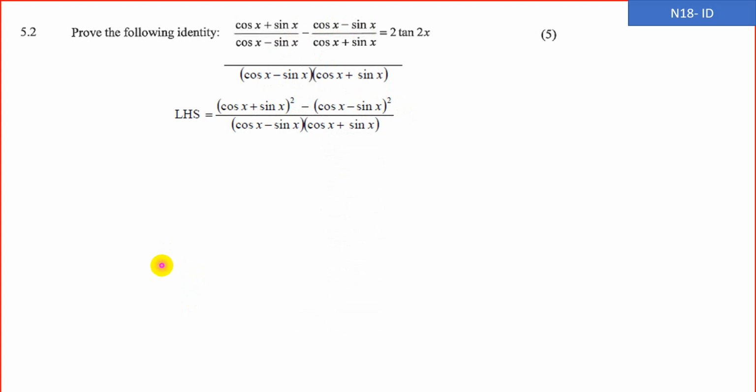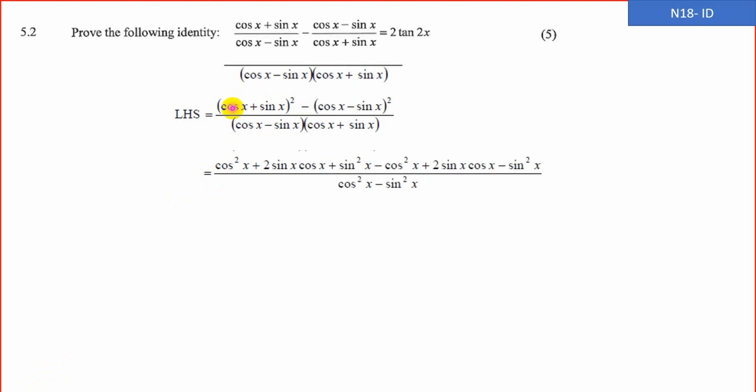So now that we've done that, we are ready to use FOIL. Cos x plus sin x all squared. We can use FOIL, first, outer, inner, last, or square a binomial. If we do that, you square the first term, you'll get cos squared x. You square the last term, you'll get sin squared x. Your middle term is cos x times sin x times 2, double that, 2 sin x cos x.